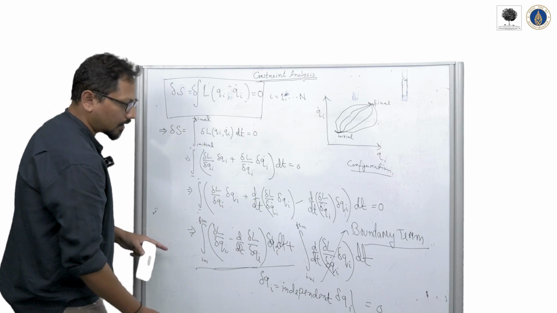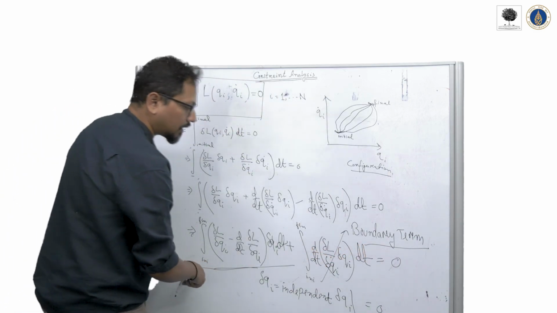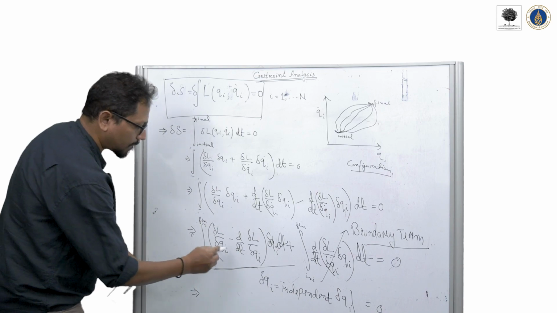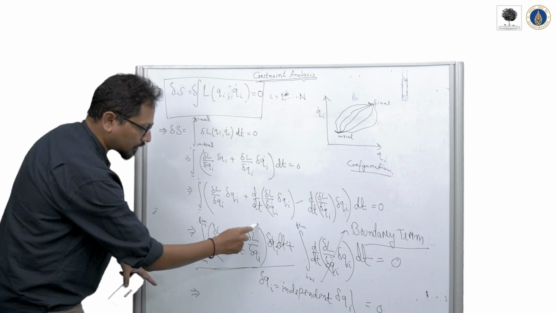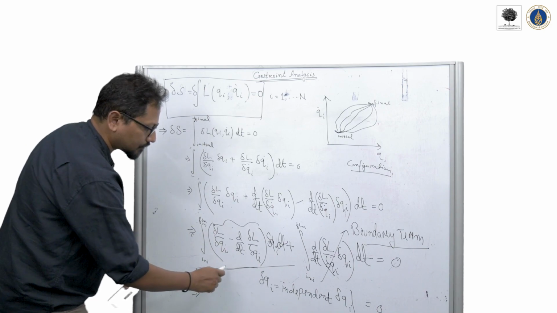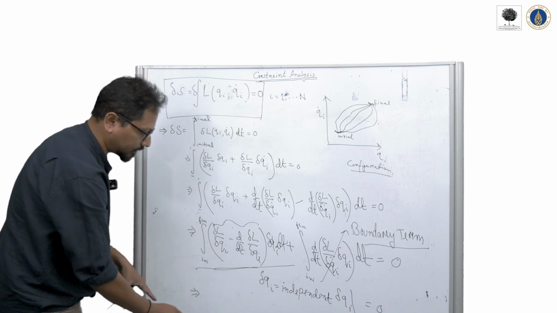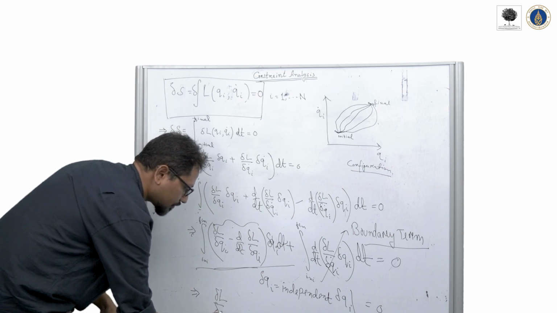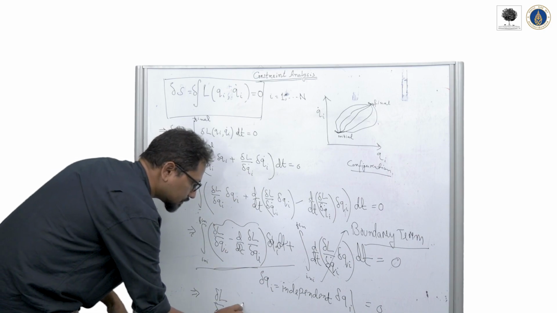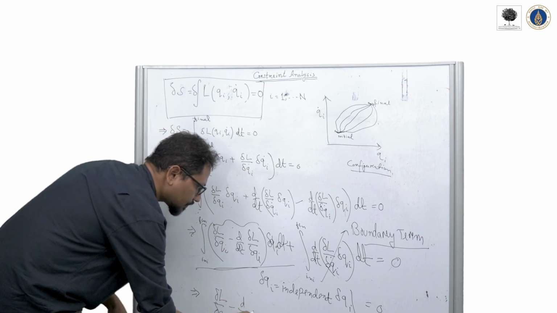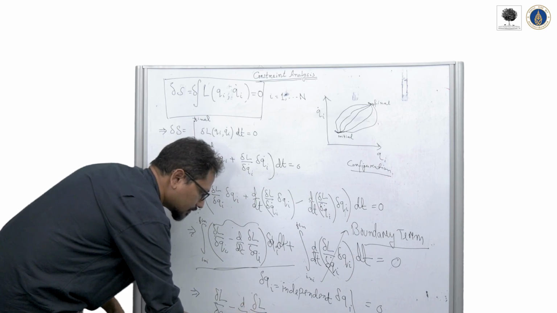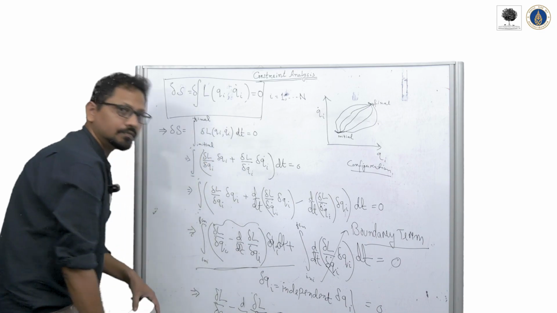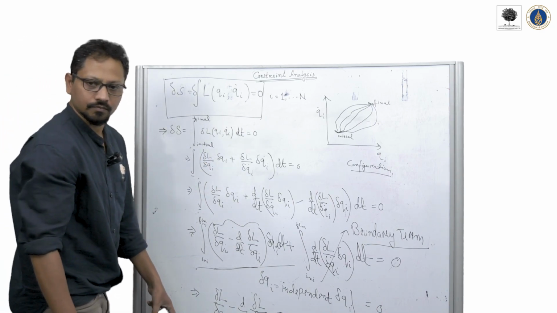Therefore, the only way this integral would vanish is if each coefficient of delta qi vanishes. So that means we have del L by del qi minus d by dt of del L by del qi dot equal to 0. This is the Euler-Lagrange equation.